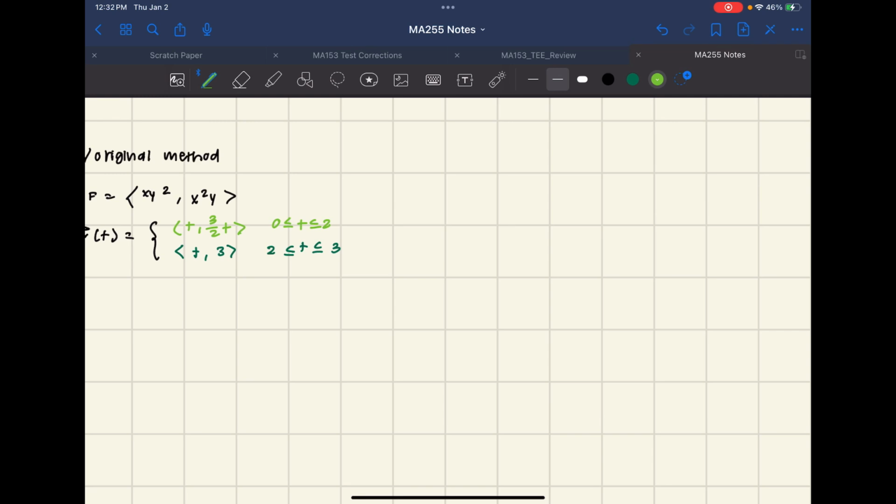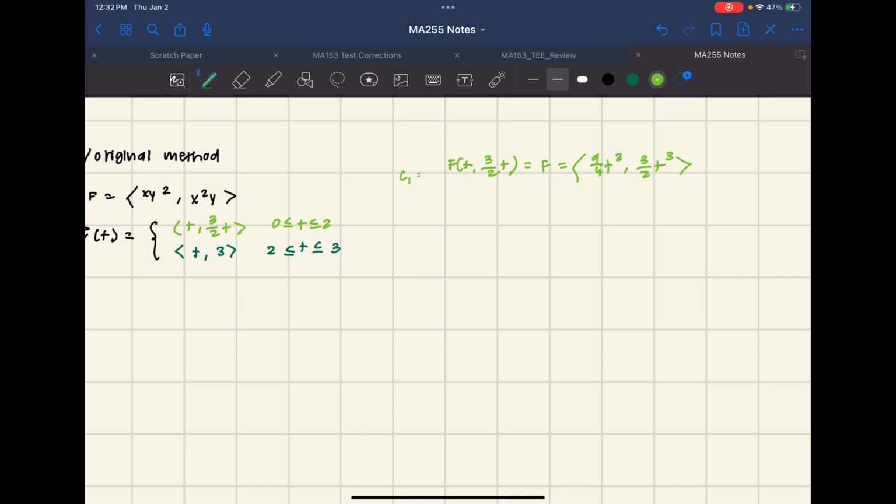Okay, we're going to start with C1. This is what we found, and we're just going to plug that into our function, which gives us this.